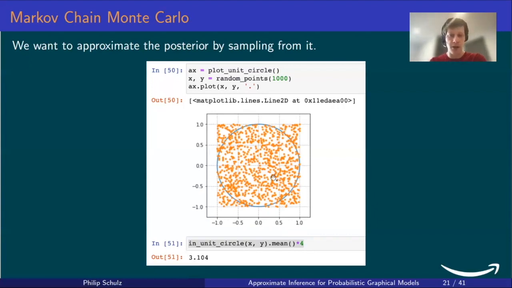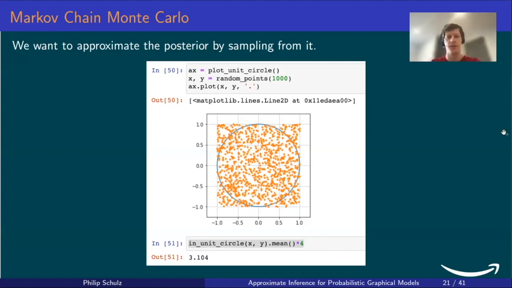And again, we're looking at how many points are inside the circle, how many points are outside. I can't really tell you how many. I just know I've defined this function here that basically computes this fraction for me, right? And basically looks at how many points are inside the circle. And if we multiply this by 4, the area of the square, what we get is 3.104. Much, much better approximation to pi.